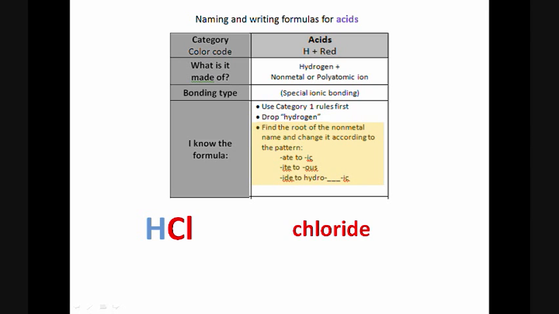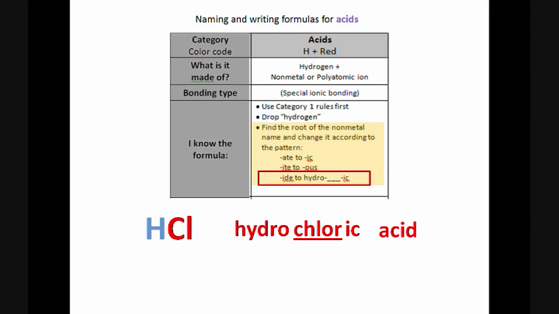We need to figure out the root and the ending and change it according to that pattern. Ate to ick, ite to us, ide to hydro-ick. Well, we saw before the root for chlorine is chlor. The rest is just the ending. Chloride ends with ide, so we need to use the ide to hydro-ick part of that pattern, which means chloride now becomes hydrochloric acid.